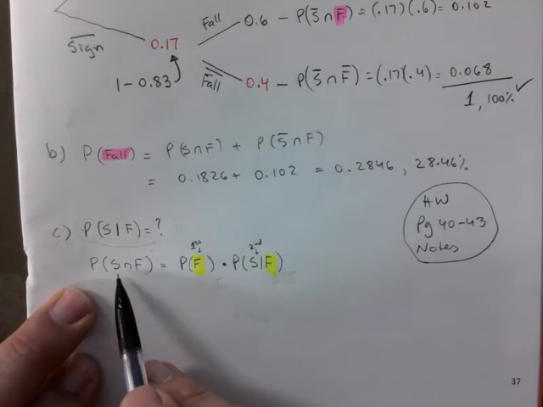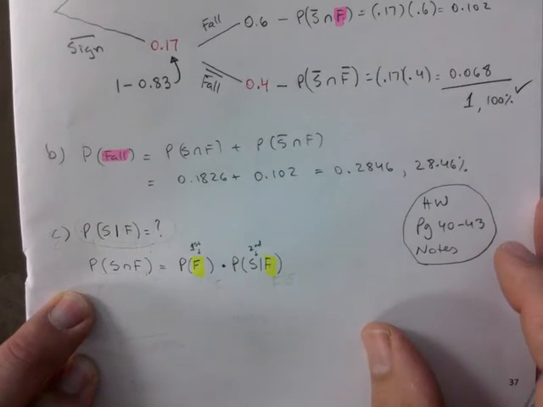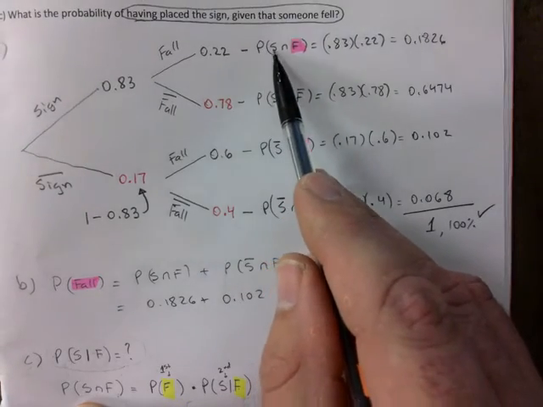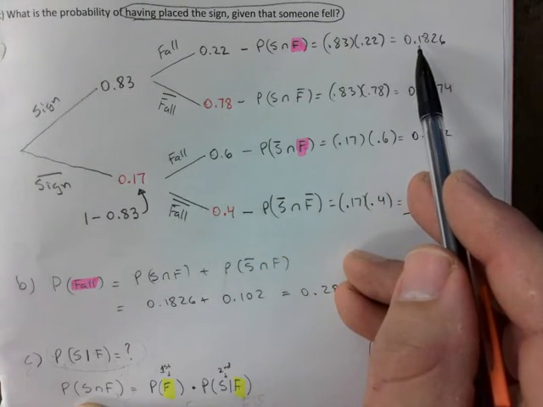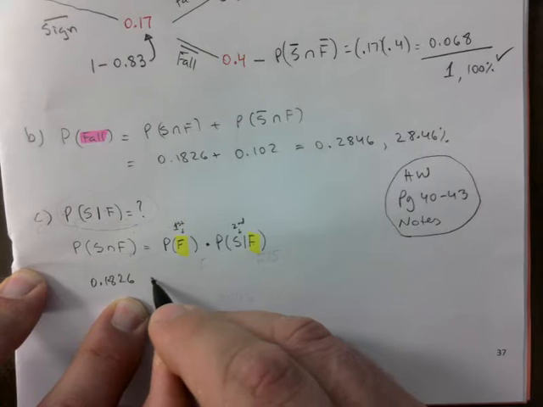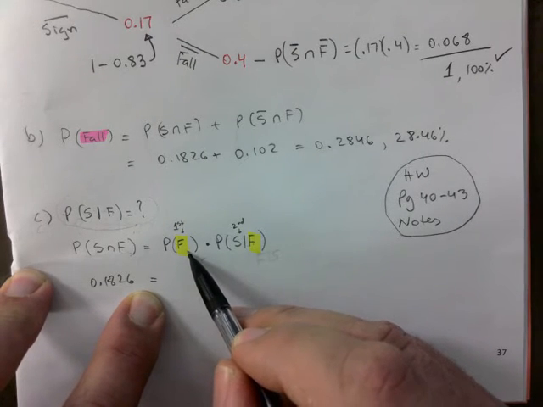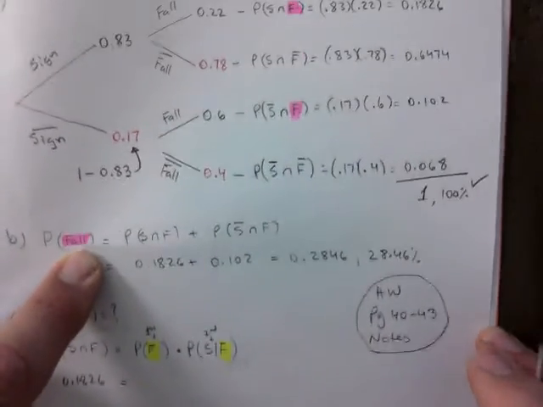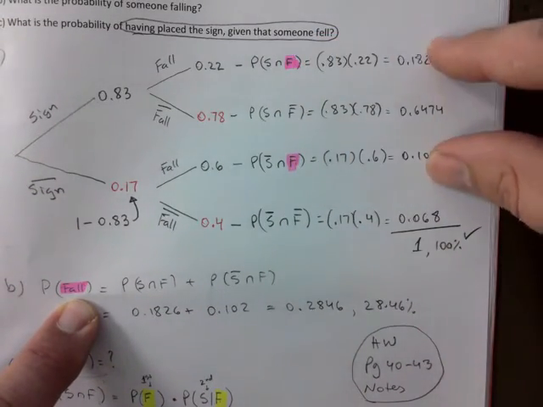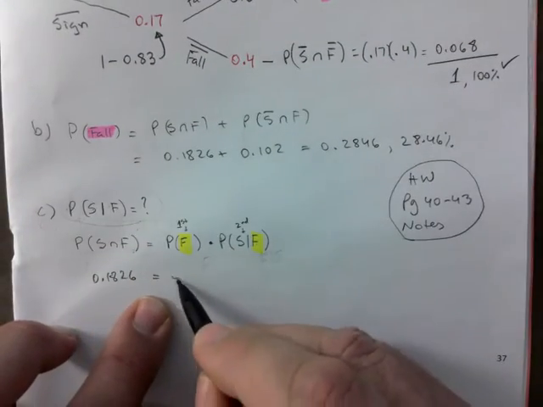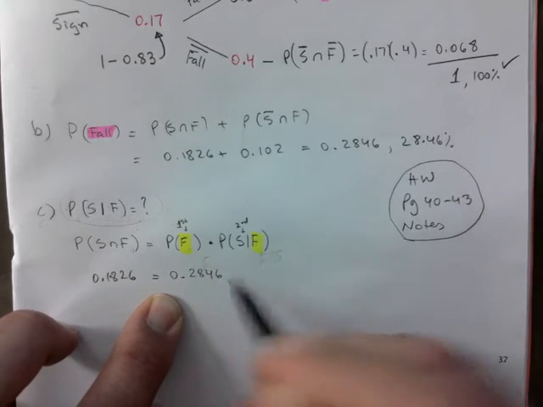What's the probability of slipping and falling when you go up to the tree? Go up to the tree and find this one. It's the very first one. Slipping and falling is 0.1826. So I'm going to write this down, 0.1826. What's the probability of just falling? I just calculated it up there. It's these two combined. These two combined is your probability of falling, which I already calculated, and I'm just going to borrow that number. So that's 0.2846.